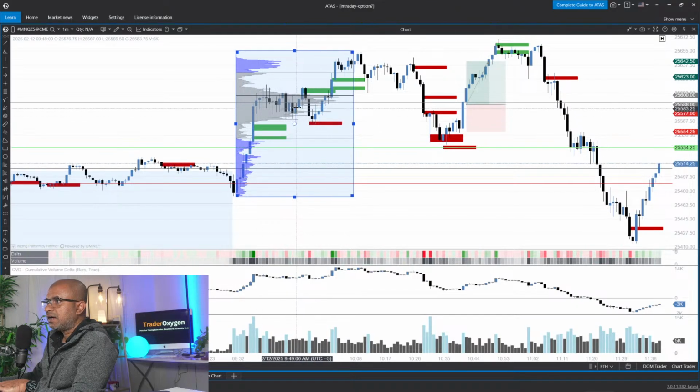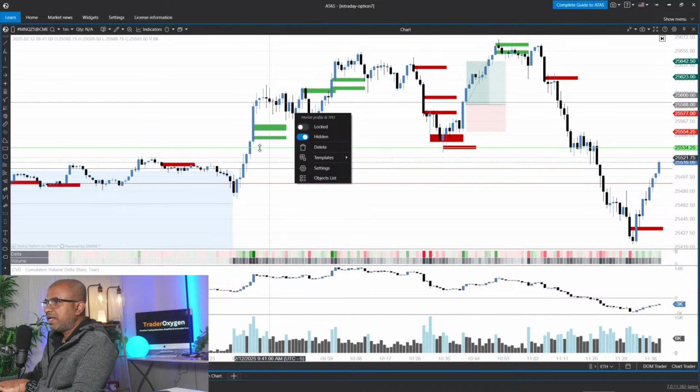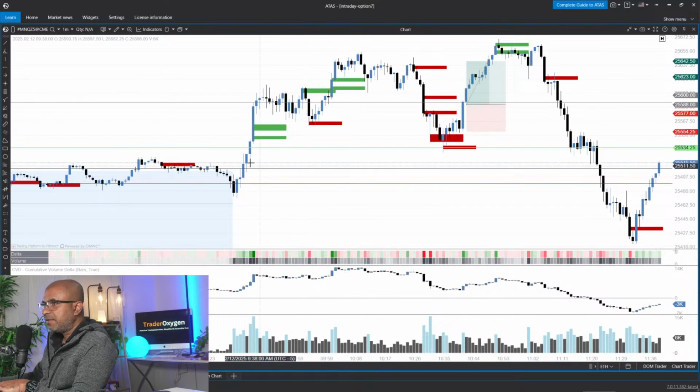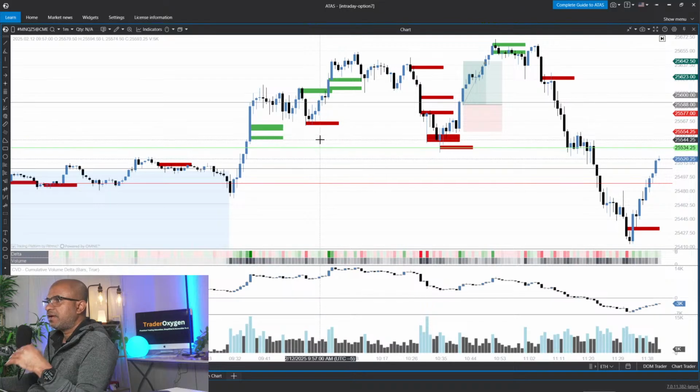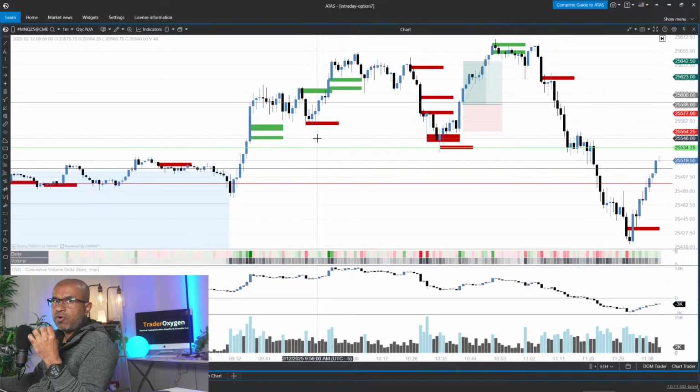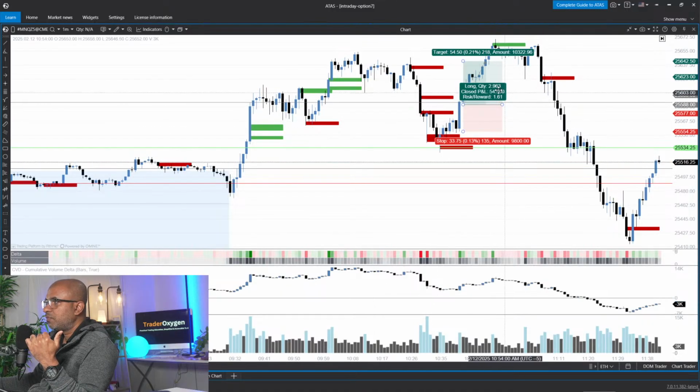So if I unhide this, you can see in this price push up there is a small fair value gap from this candle high to this candle low. Smart money traders consider this a fair value gap, and institutional traders look at that area as a low volume node, which is what I showed you earlier.